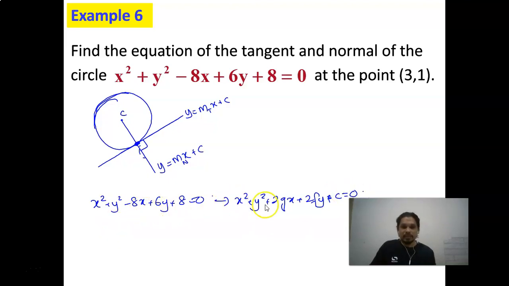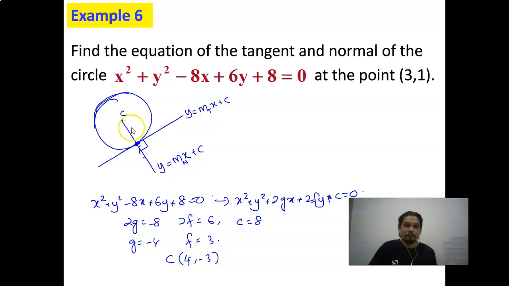So 2g equal to negative 8, 2f equal to 6, and c equal to 8. Then g equal to negative 4, f equal to 3. So the center is 4 and negative 3, and the point is 3, 1.